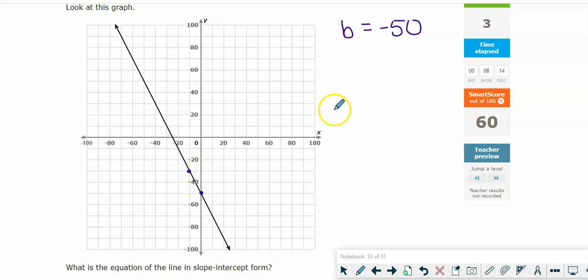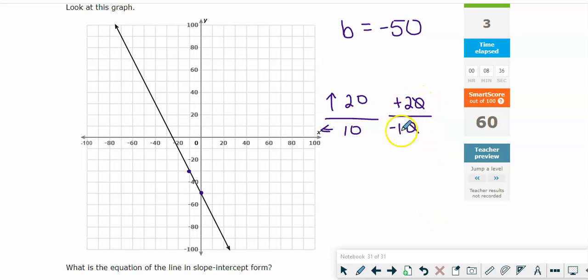So I'm going up 20 and to the left 10. If I had gone here, I would have gone down 20 and to the right 10. But what I need to understand is this is a positive 20 and this is a negative 10 because left is a negative direction. The zeros cancel out.